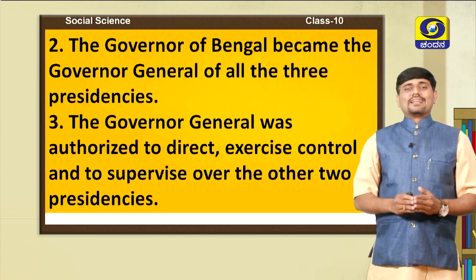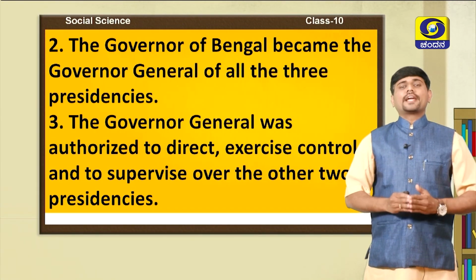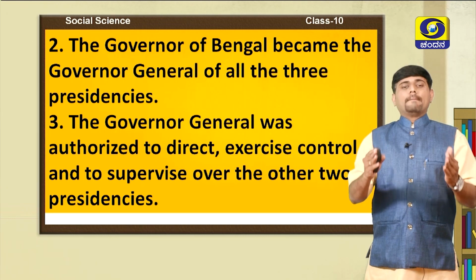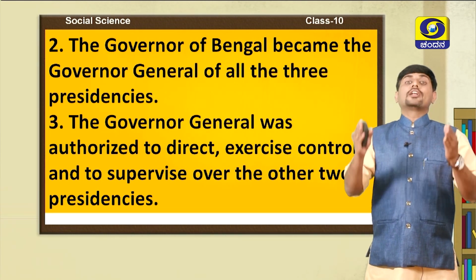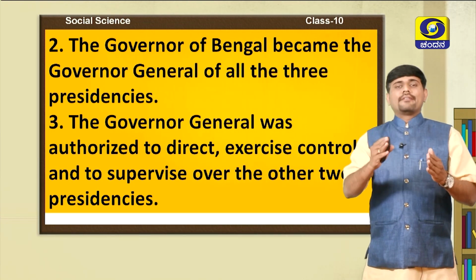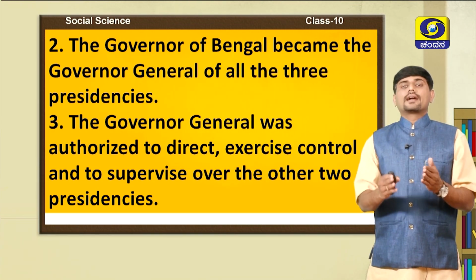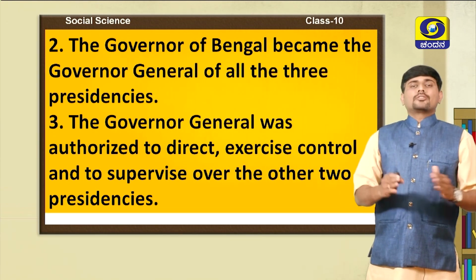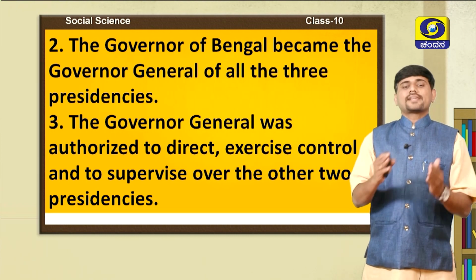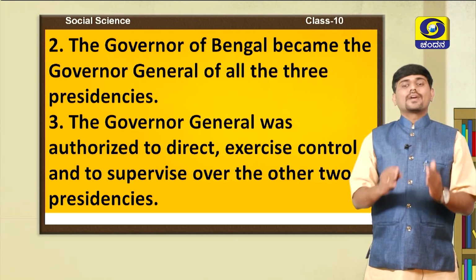Followed by that, the second important provision: the Governor General of Bengal became the Governor General of all the 3 presidencies. The Governor General of Bengal also became the Governor General of Madras and of Bombay. And the third one: the Governor General was authorized to direct, exercise control and supervise the other 2 presidencies of India.